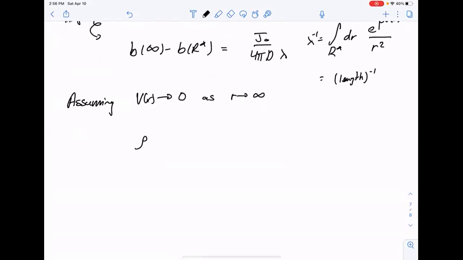We can rewrite rho bar star as rho bar, the infinite R boundary condition, the bulk density of species B, less J naught over 4 pi D lambda, and a factor of now the Boltzmann weight evaluated at R star.